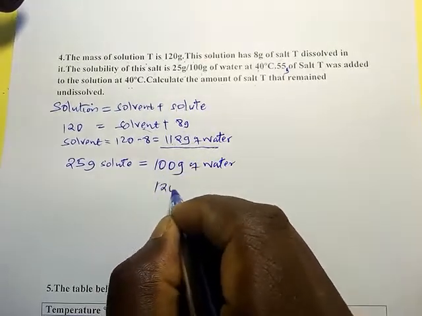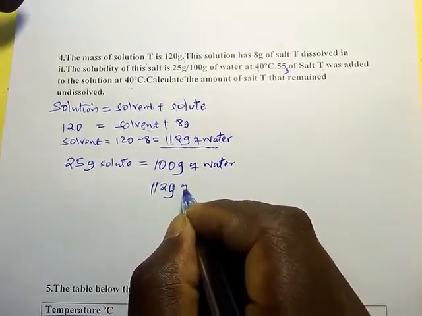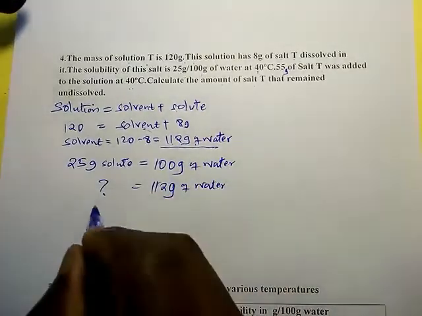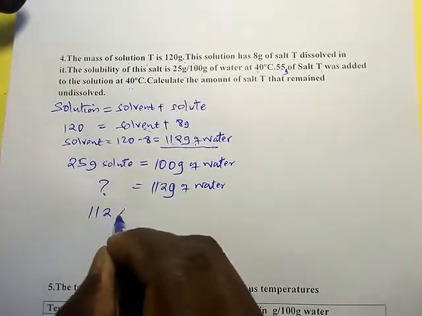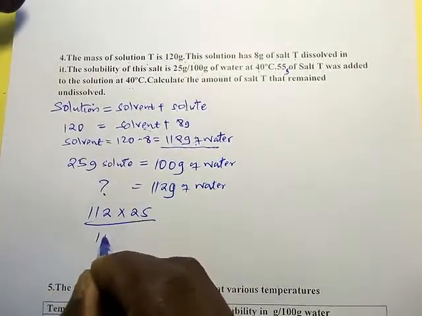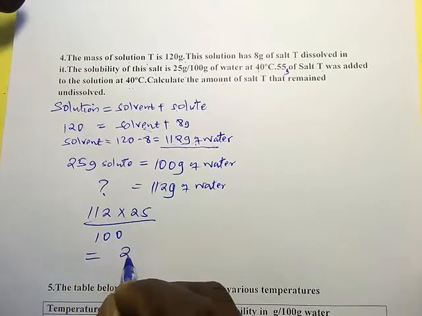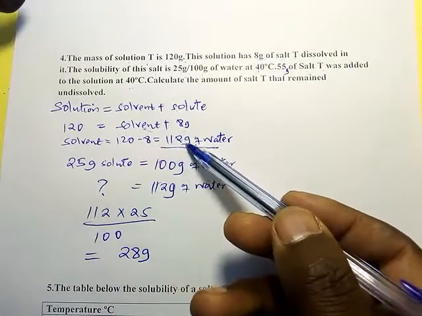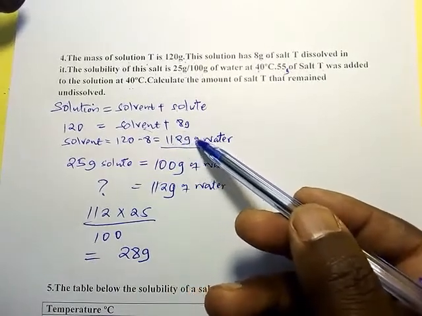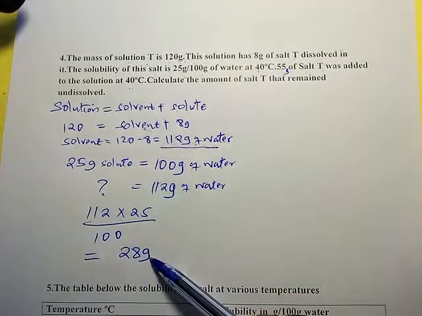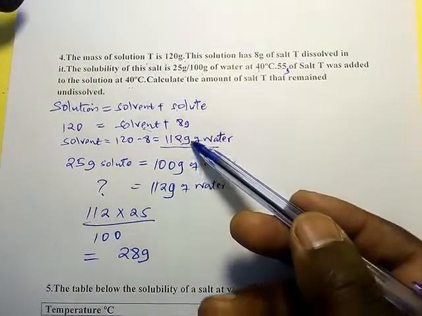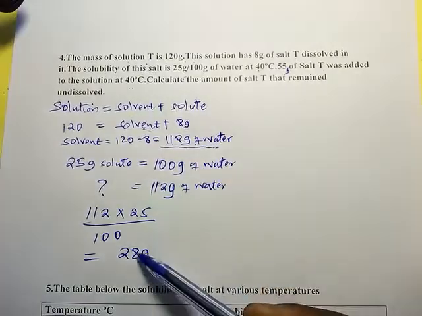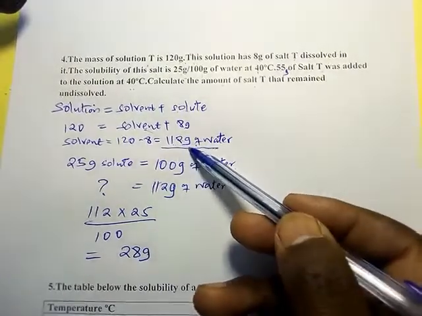So 112 grams of water, this will contain what mass? So we have 112 times 25 divided by 100, and this is going to give us 28 grams. So this solution requires 28 grams to be saturated. This water here requires 28 grams to be saturated.